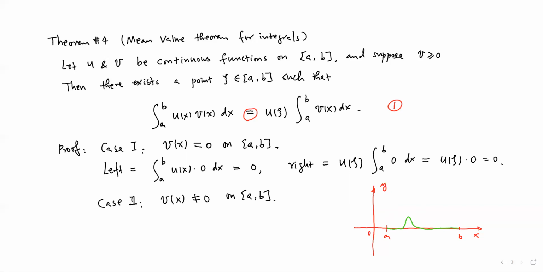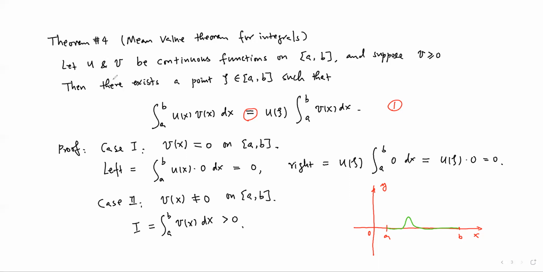Therefore, this integral, A to B integral of V, is an area between the graph of V and the x-axis and between A and B. Clearly, from this diagram, you can see that this integral must be a positive number. Let me denote this integral by say I. Okay, I is this integral. I greater than 0.